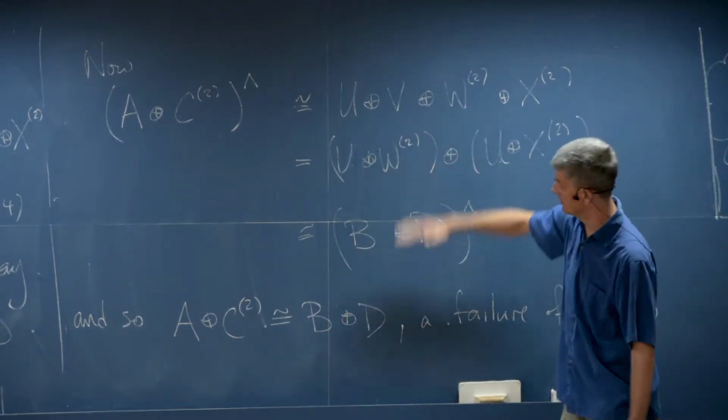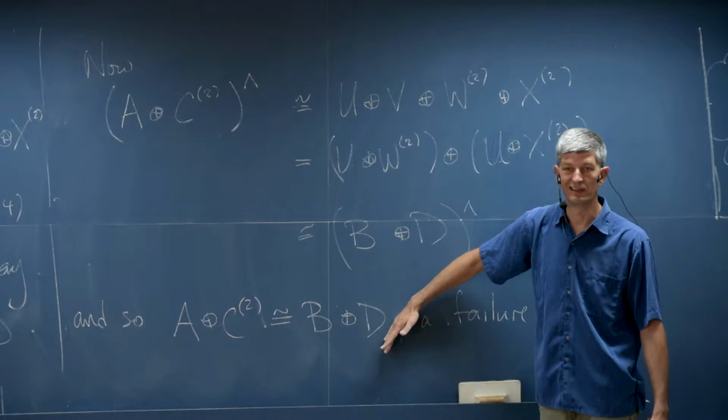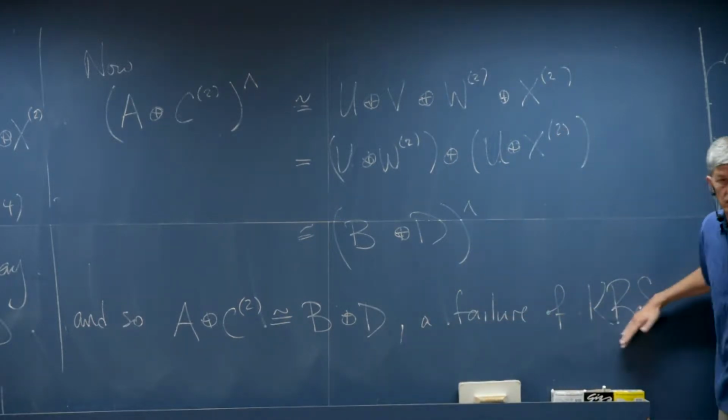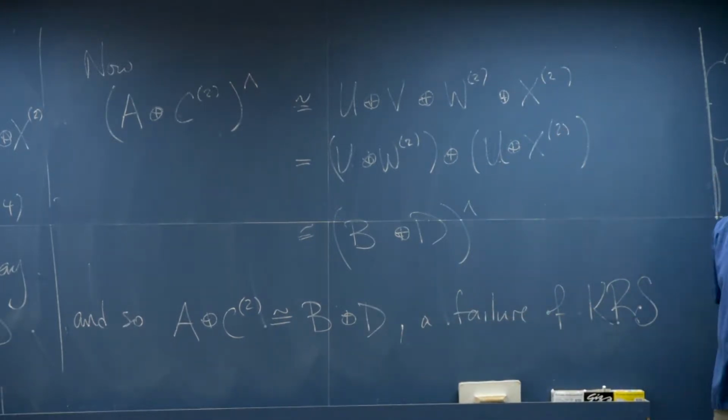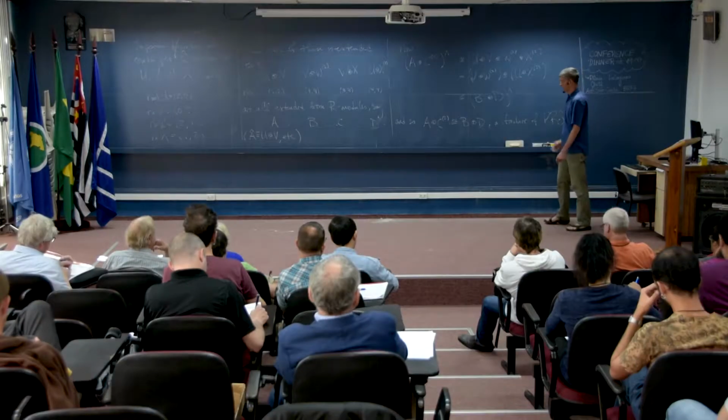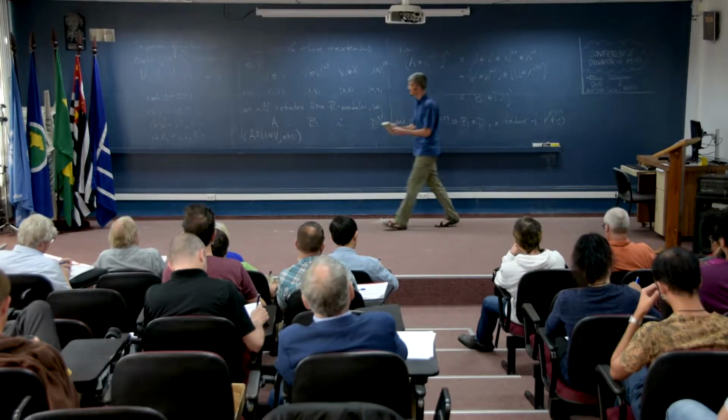Of course, everything up to here was fine without the modules being indecomposable, but to conclude the failure of Krull-Schmidt you do need a little argument. I was going to carefully not discuss that.